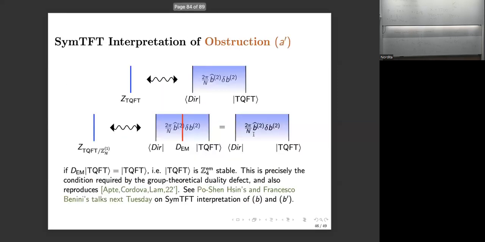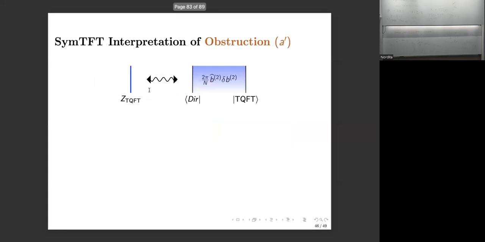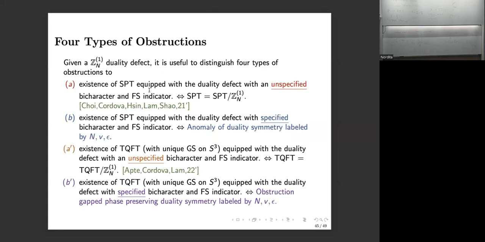Now we have used the symmetry TFT to explain this condition for the obstruction to duality preserving gapped phases A prime, and now let's further explain another interesting relation. Before doing that, let me explain the relation between these different statements.